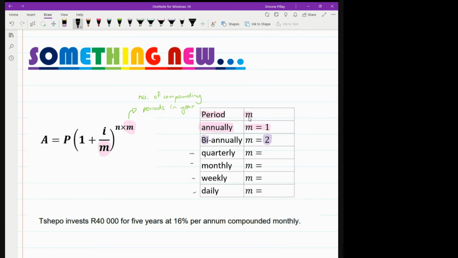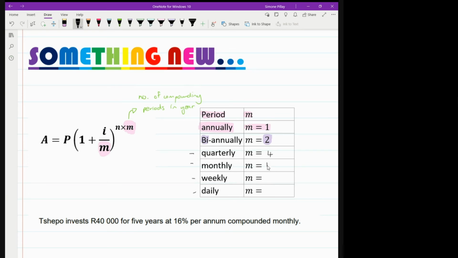So if they say interest is compounded biannually, it means that there are 2 compounding periods in the year. If they say interest is compounded quarterly, it means there are 4. If they say monthly, it means at the end of every month, I'm going to add my interest to my original amount.